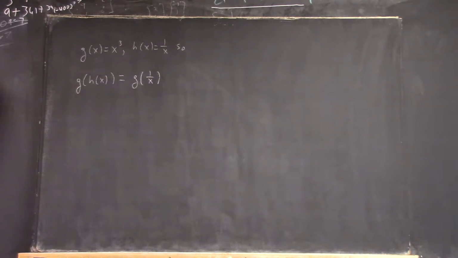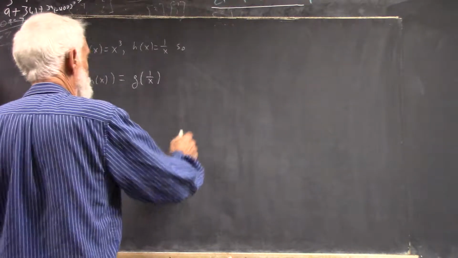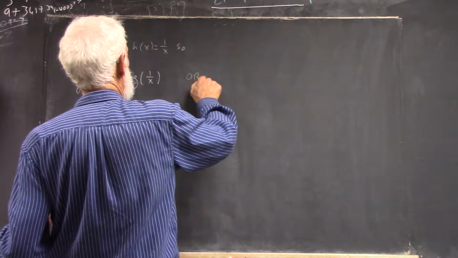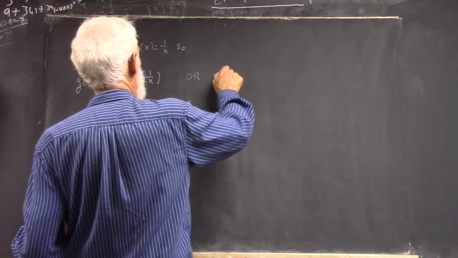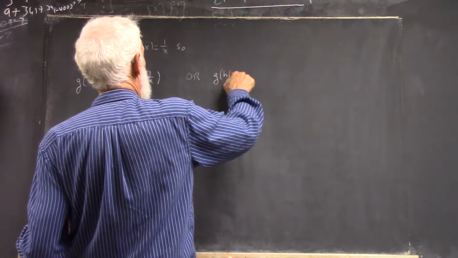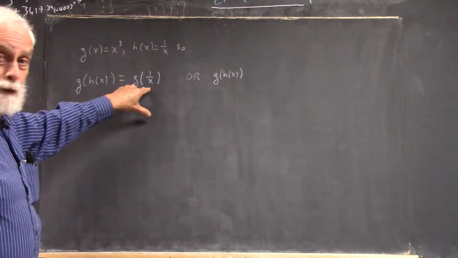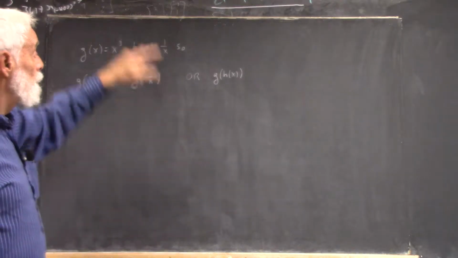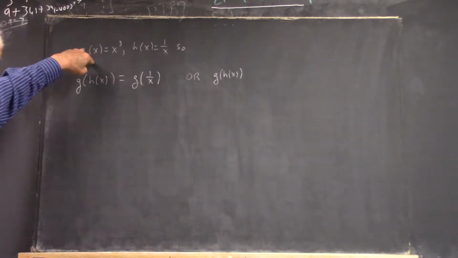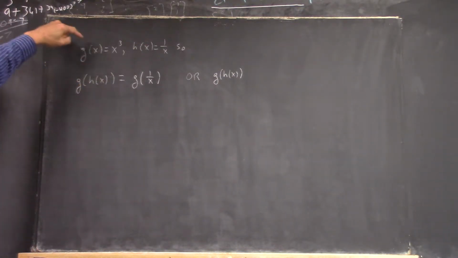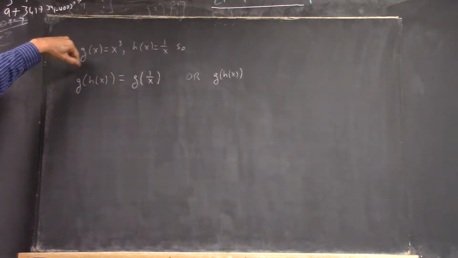Now, there's another way you can do it. You can use the definition of h of x, and you could use the definition of g of x to do what? If g of x equals x cubed, what's g of h of x?